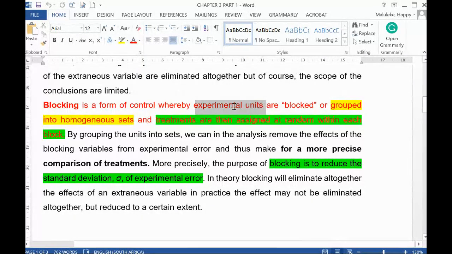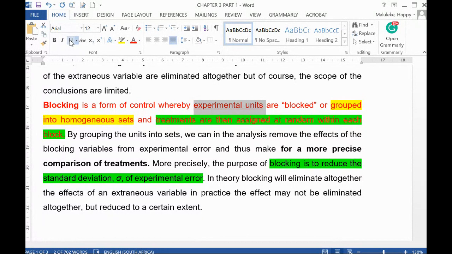Some students were coming to me and saying experimental units are blocks. No, guys. Sorry, a block is a controlling factor. Experimental unit is where you are going to apply your treatments.